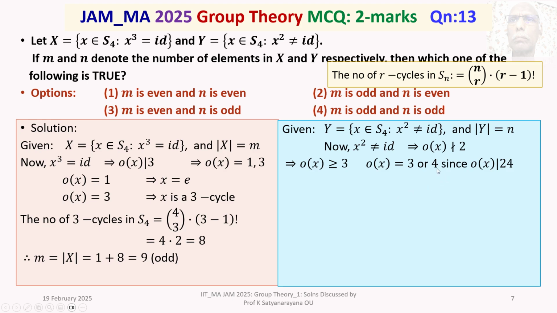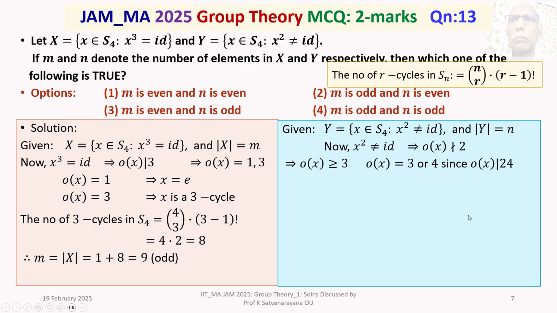And suppose you take the order of x is equal to 5. This is not possible because we have only 4 symbols. Order of x is equal to 6. If you take the order of x as 6, you must have a permutation in S4 whose disjoint cycle representation has 2 disjoint cycles of length 2 and 3.